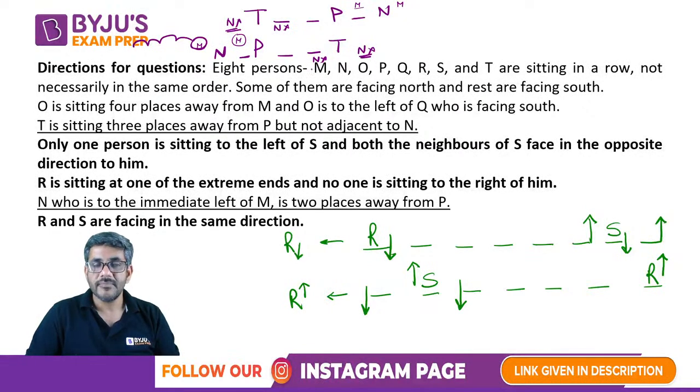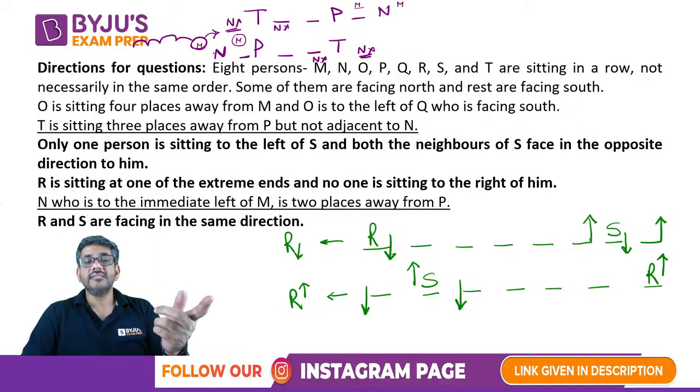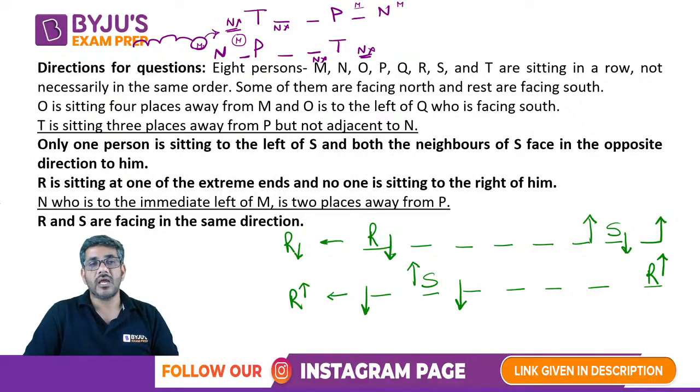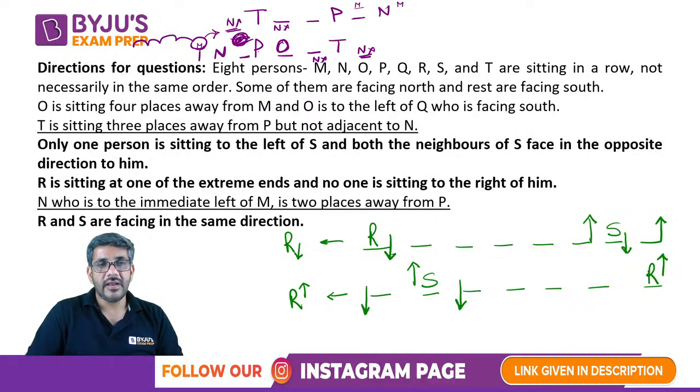That's not possible. And if on the other side I have to take, so M is 4 places away from M. So M से 4 places away, 1, 2, 3, 4. O can be here. लेकिन यहां पे अगर मैं M को ले लूं तो O आएगा T की जगह पे, which again is not a possibility. So therefore O has to be here and M has to be here.